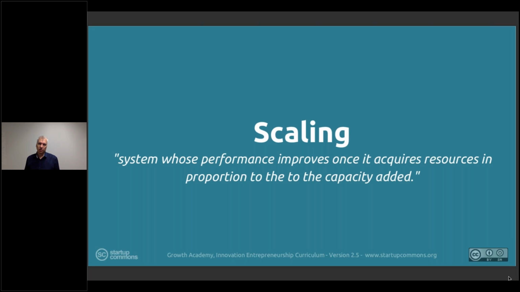So if we just look at the word scaling, what does it mean? Here's a good, short description. Scaling is about a system whose performance improves once it acquires resources in proportion to the capacity added. So basically, it is a system.